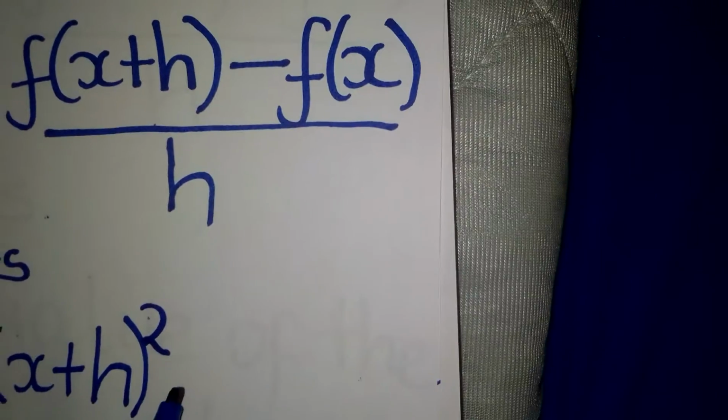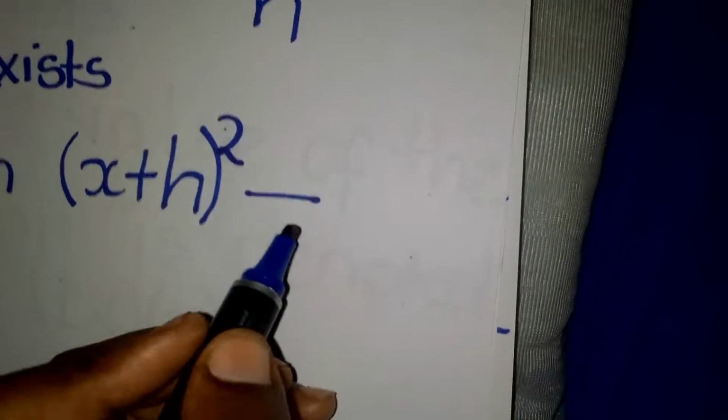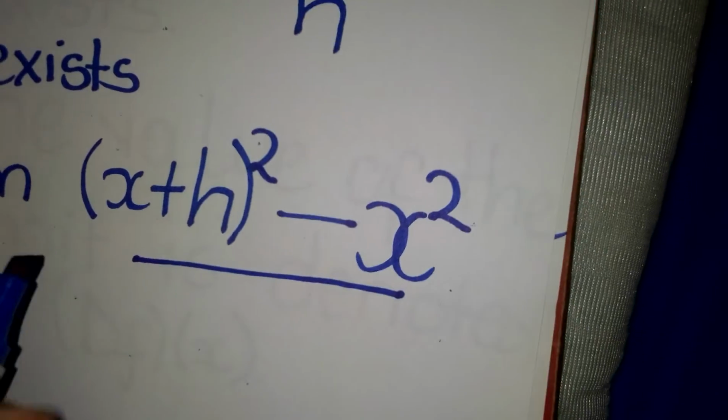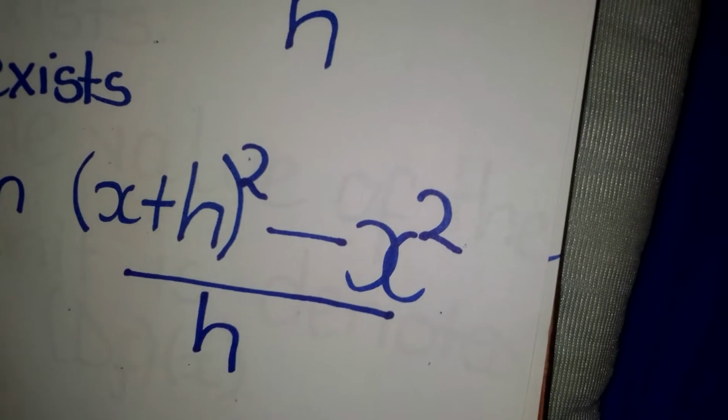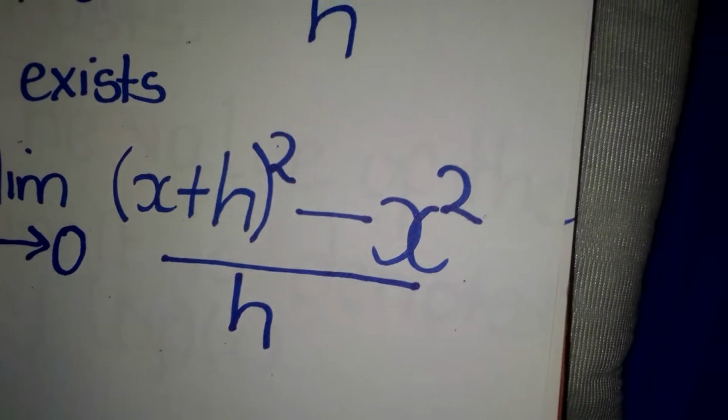So this is now x plus h squared, minus our f of x, which is x squared, all over h, as h tends to 0.